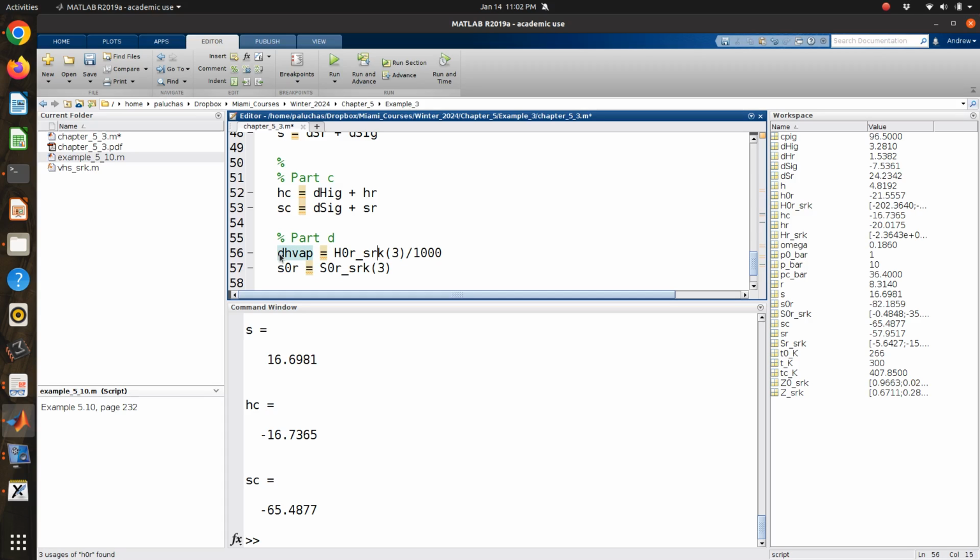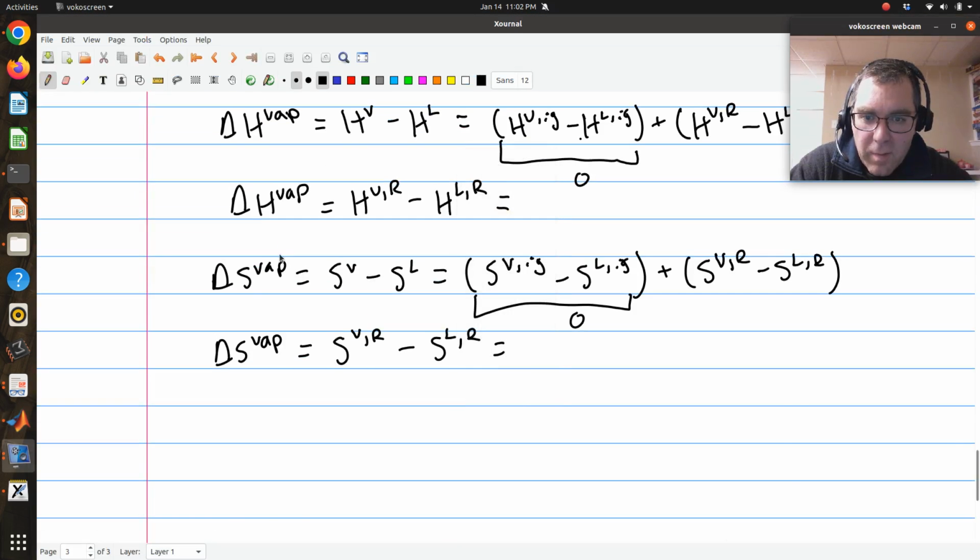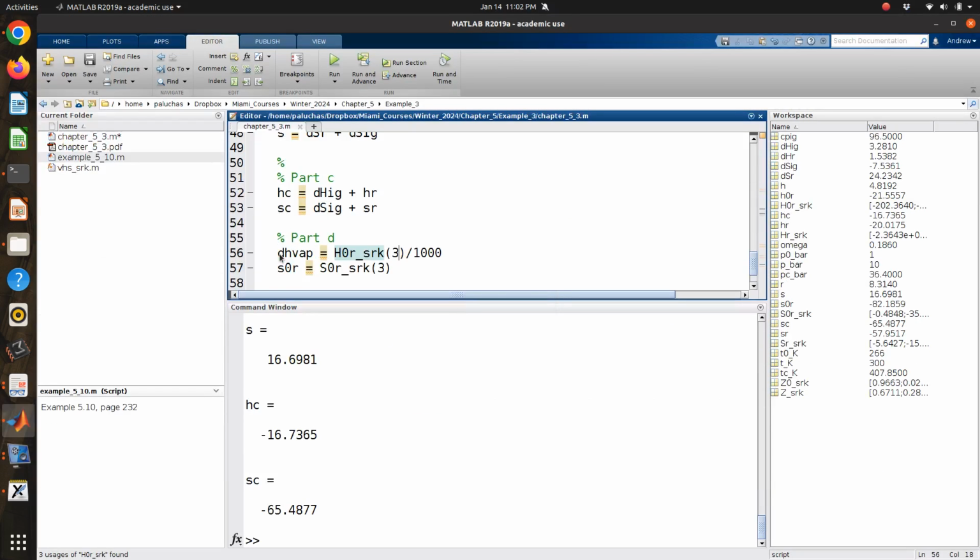What I need first is my vapor root. So this is my liquid root, and it's vapor minus liquid. Then I'll divide by 1,000, so it's in kilojoules per mole.